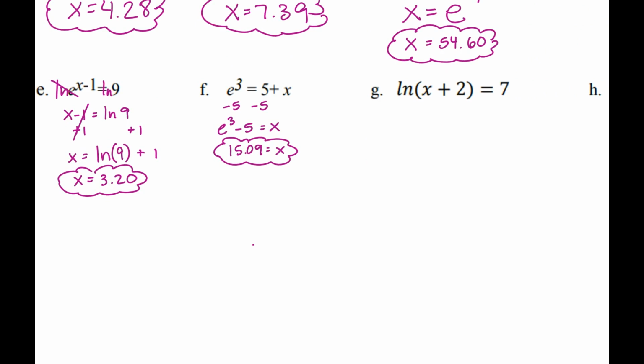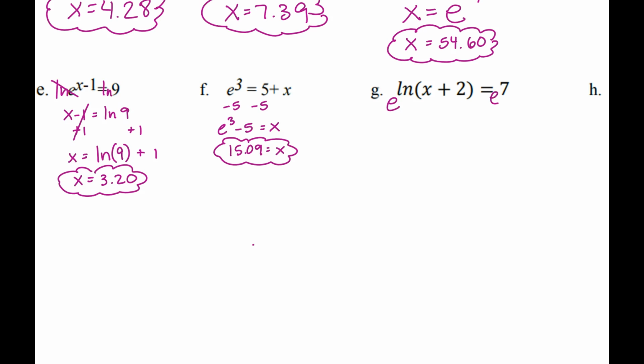How do we get x all by itself in letter G? What do you do? You can either roll it or you put e as the base for both sides. So e is raised to ln of x plus 2 and e is raised to 7.